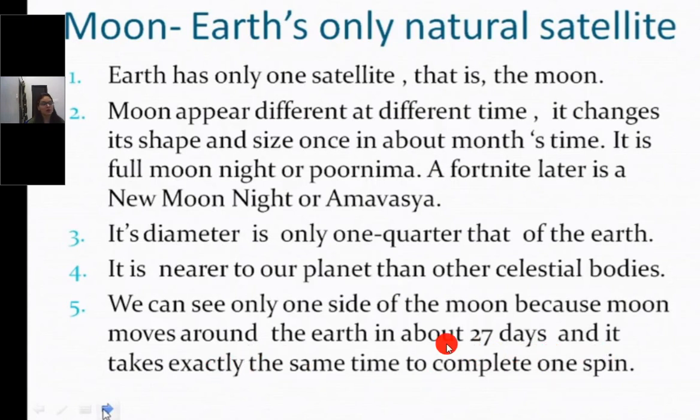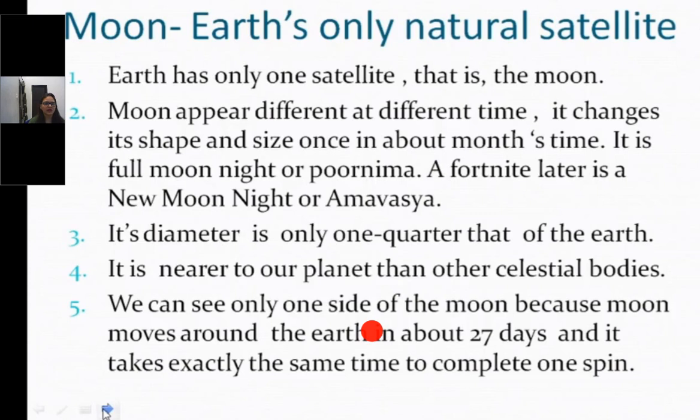When the earth rotates on its axis, it takes 24 hours. When the earth revolves around the sun, it takes 365 days and 6 hours. But the rotation and revolution time of the moon is the same, so the time taken by the moon is the same, which is 27 days.